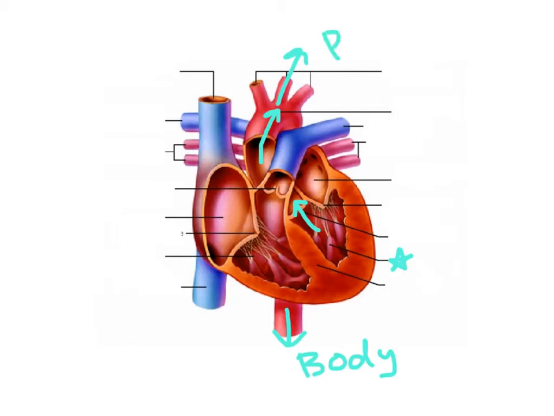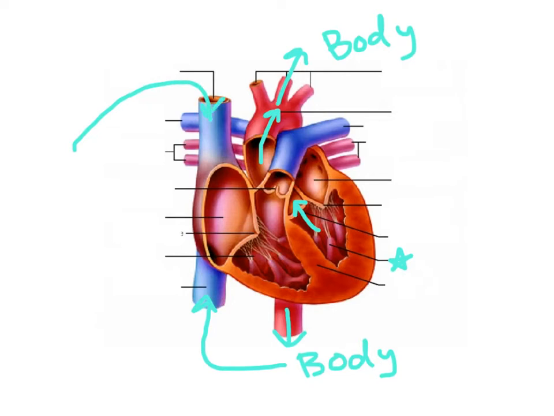Because remember, this is oxygenated blood, so we have to get that oxygen to where it needs to go. So it's going to take the oxygen and nutrients to the body, and then after it delivers the oxygen, it's going to come back through the inferior and superior vena cava.